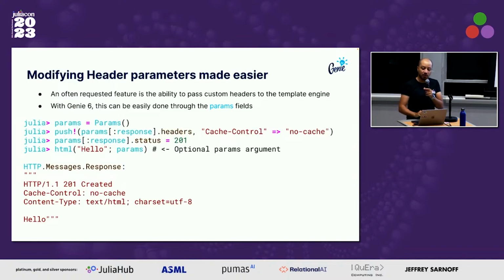Here, in this example, we see how we instantiate the params object, and we can easily access some of its fields like the response headers and the response status, and modify them. And once we are finished with the modifications, we can call the HTML generator and just pass to it the params structure, and it will be injected in the response at the header. So this brings us a much easier way to include custom headers into our responses.